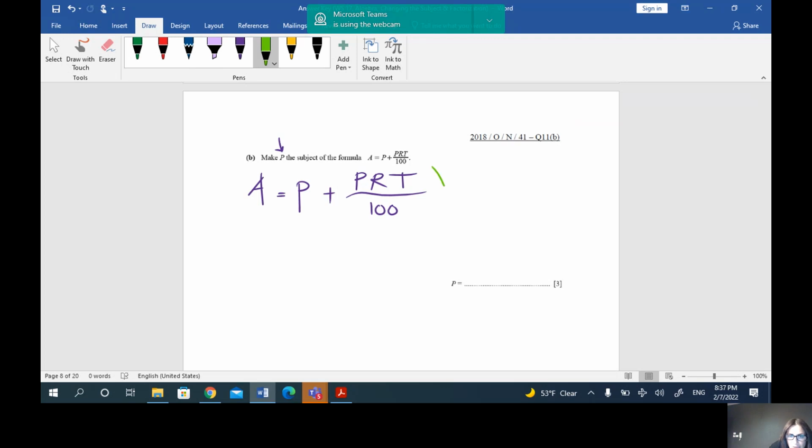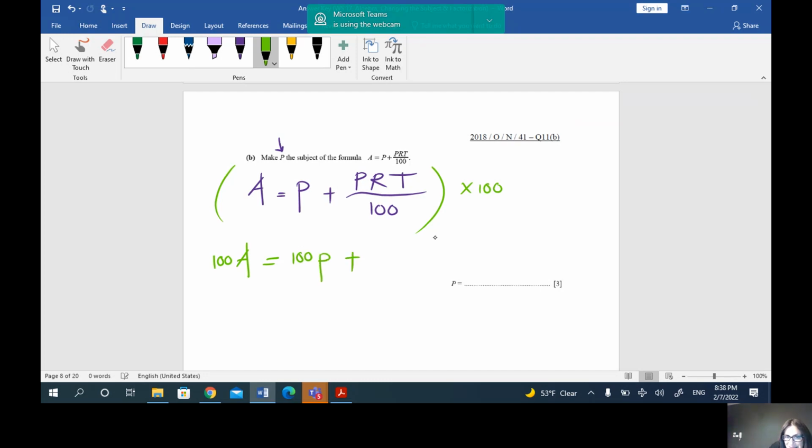How? We're going to multiply all this by 100. But remember, each term must be multiplied by 100. So 100 times A will be 100A equals 100 times P, it's 100P.